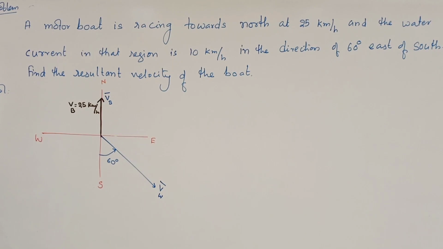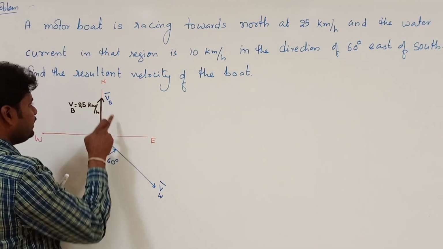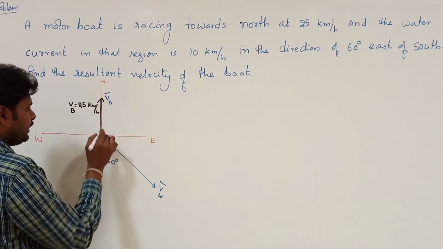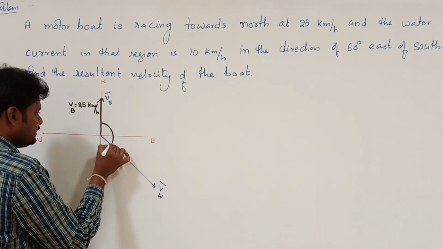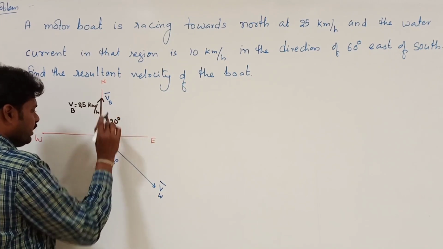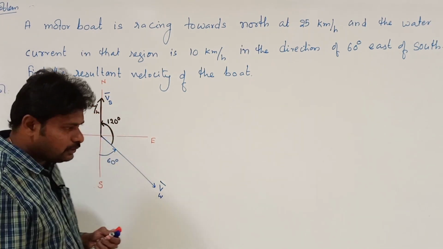Now obviously you can easily calculate the angle between the water velocity vector and the boat velocity vector. The total will be 180, and this is 120 degrees, 180 minus 60. Otherwise this is 30 plus 90, 120.